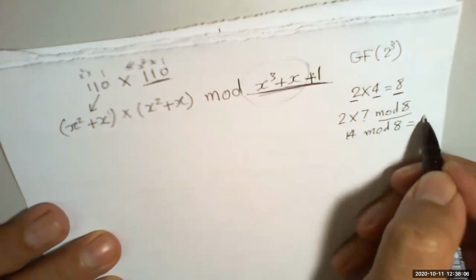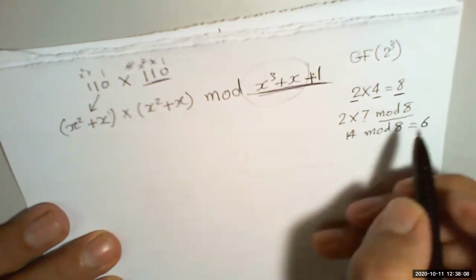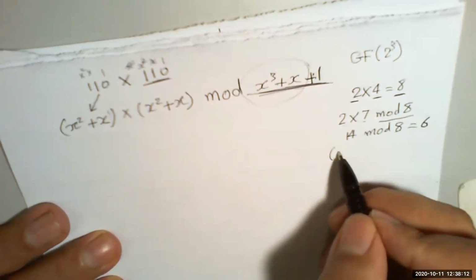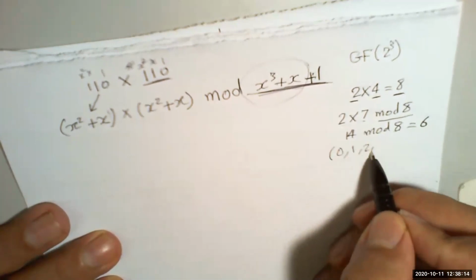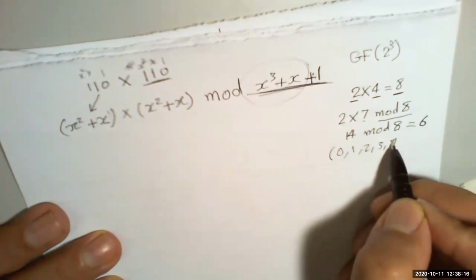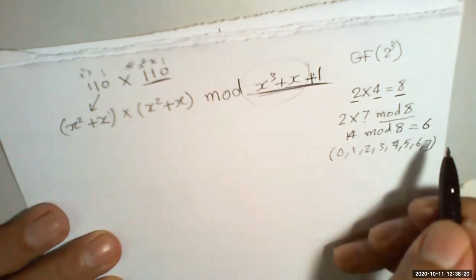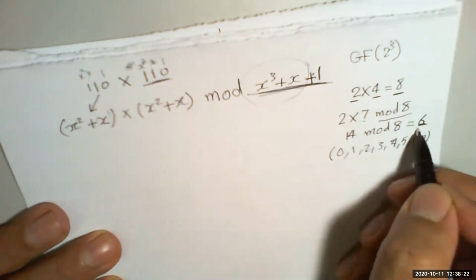So the result is 6. 6 is also in the field, which is defined by the numbers 0, 1, 2, 3, 4, 5, 6, and 7. So 6 here is the result. The result is in the field.